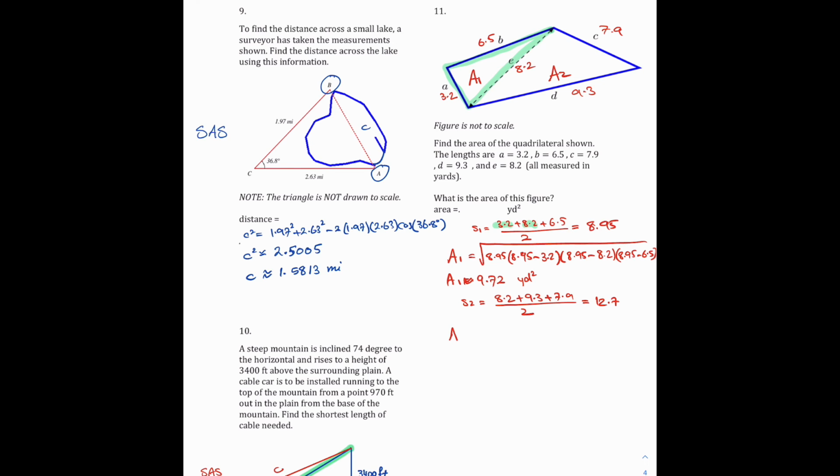Now the second area is equal to the square root of 12.7 times (12.7 minus the first length) times (12.7 minus the second length) times (12.7 minus 7.9, which is the last length). The answer here is 30.54, rounding to 2 decimals each, yards squared.